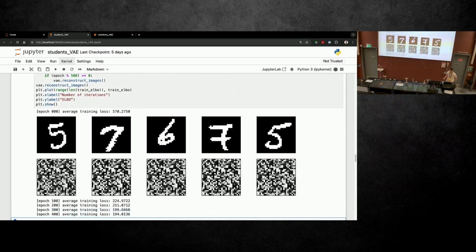Here we are trying to reiterate: these are samples that we have generated, 5 random images. And down here are our attempts to reconstruct these images based on the parameters that we have at iteration 0. Everything here is just random because we haven't done any learning.